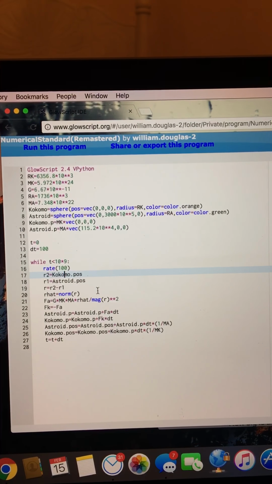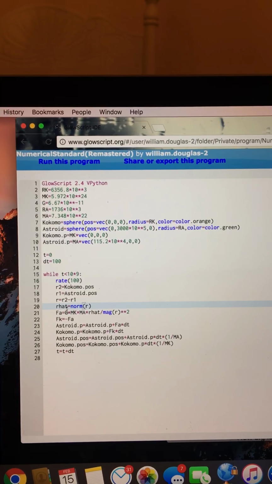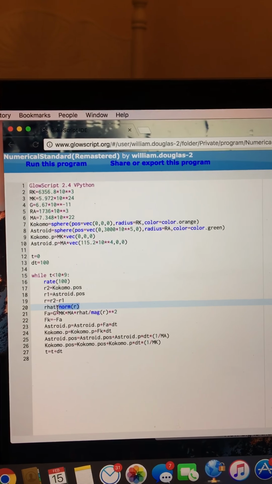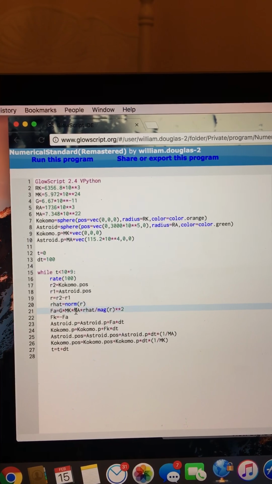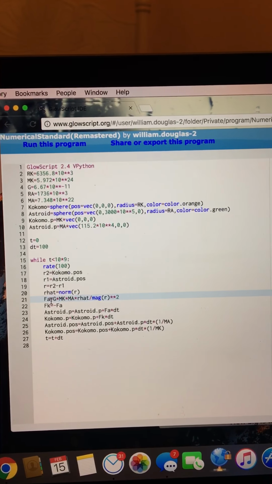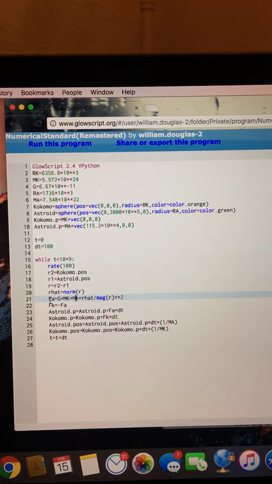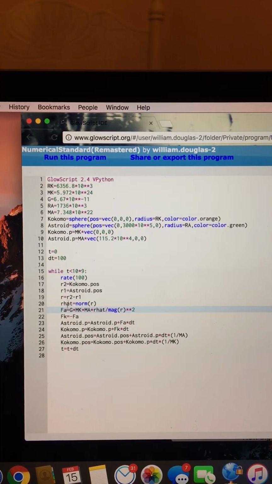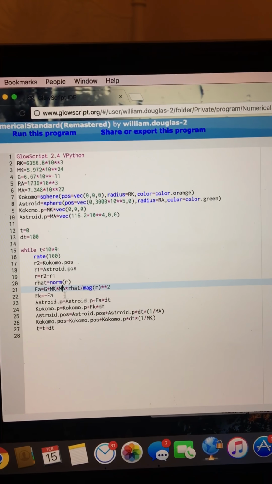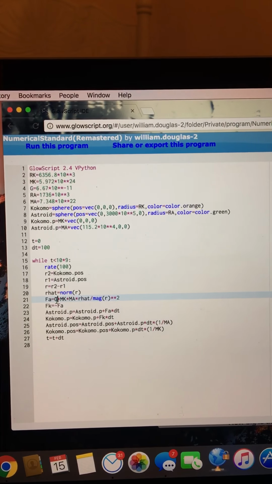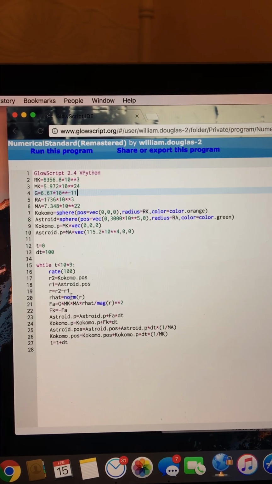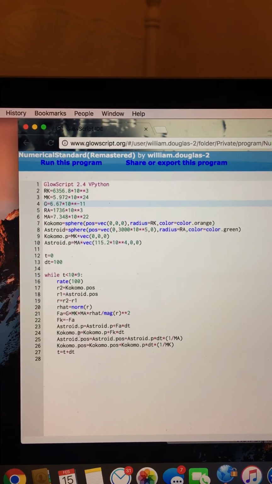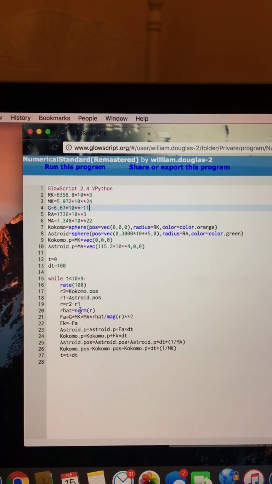So I gave r hat to be equal to norm r, which is the same thing as r hat. I just did this so it would be easier to plug in r hat into my equation for the force of gravity. And I said that the force of gravity on the asteroid applied by Kokomo is going to be constant g given above times the mass of Kokomo, and the mass of the asteroid, which are given above, times r hat, which I have here.